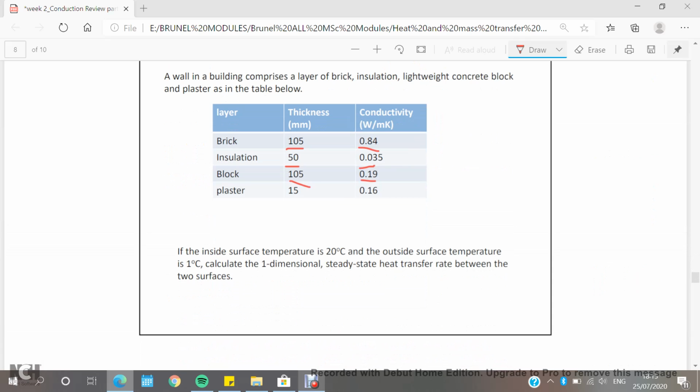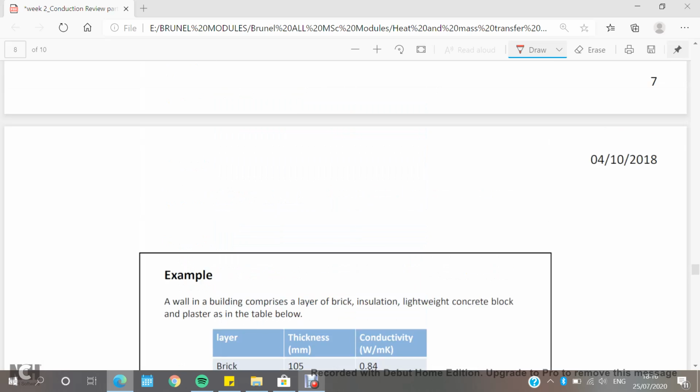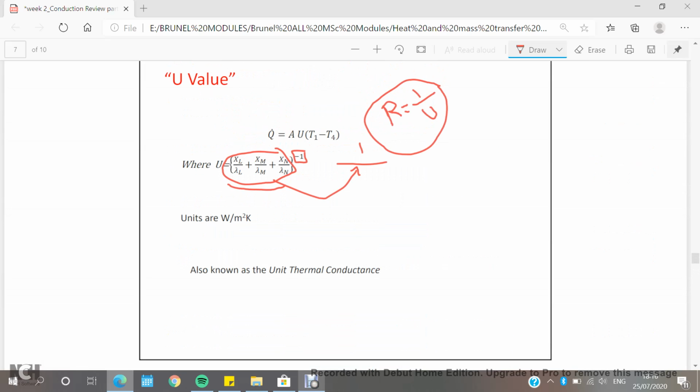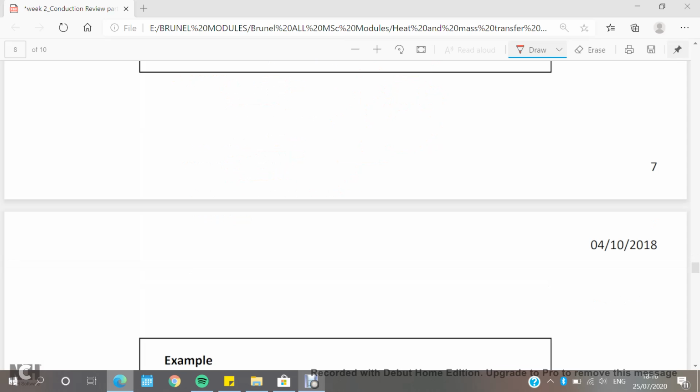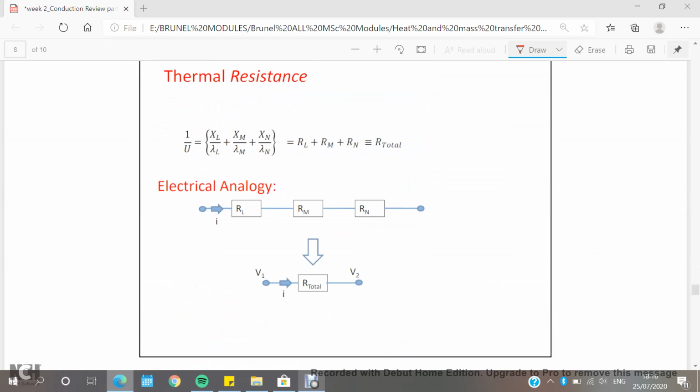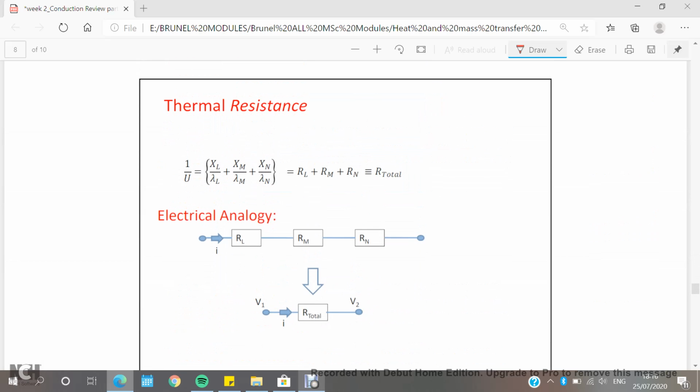How can we calculate the U value? We divide each thickness by the thermal conductivity, sum all of them together, and give it a power minus 1, as you see in this equation. So we have the U value, and the inverse of this value will be the thermal resistance.